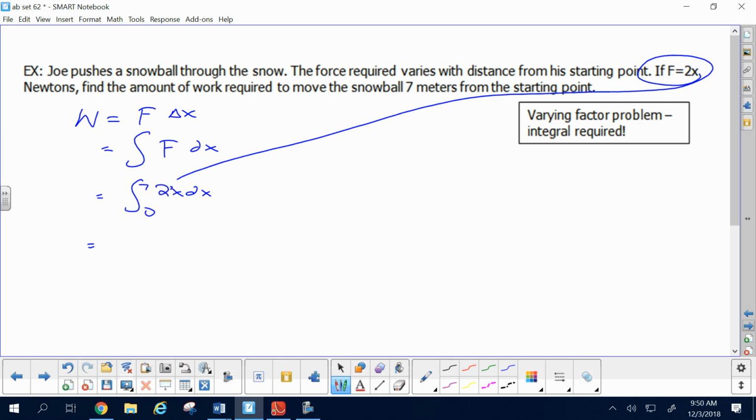The antiderivative is x squared from 0 to 7. That's 49 minus 0. So our answer is 49, and what are the units for work? Joules. Assuming they're newtons and meters, the units are joules.